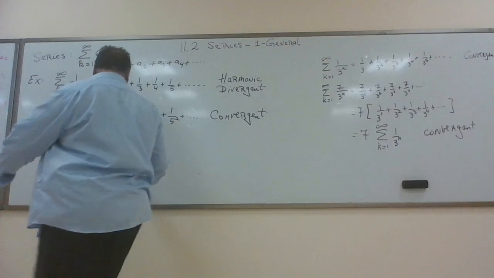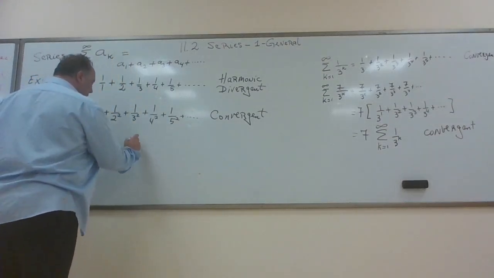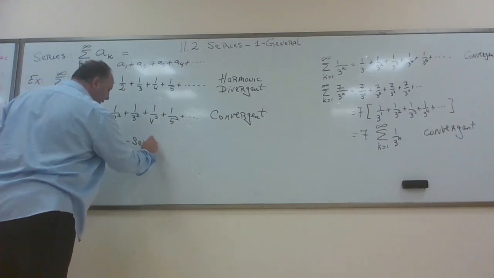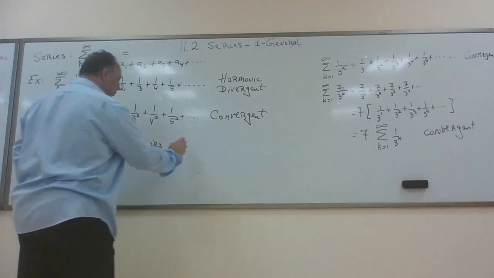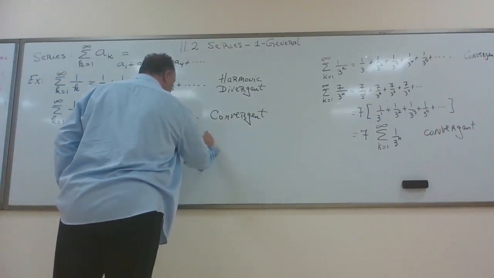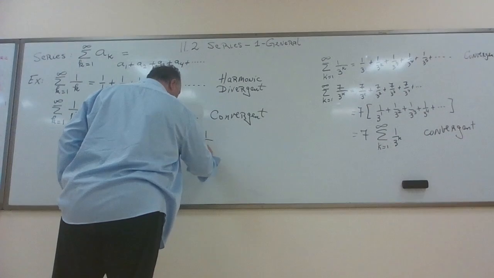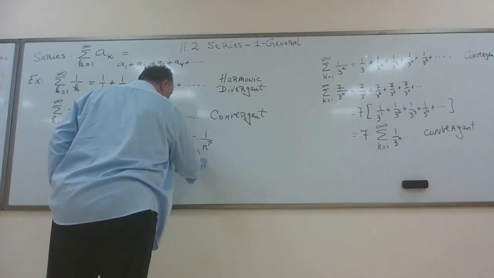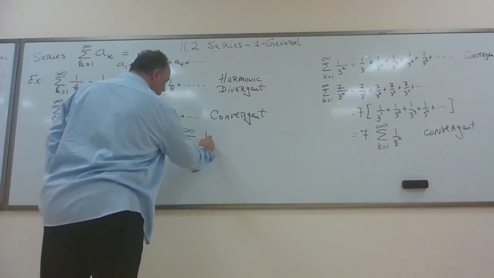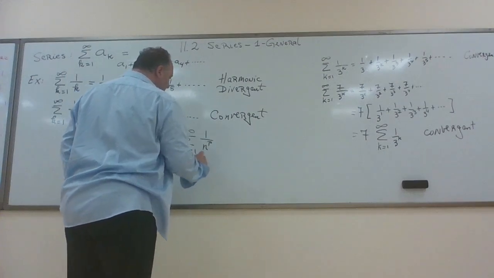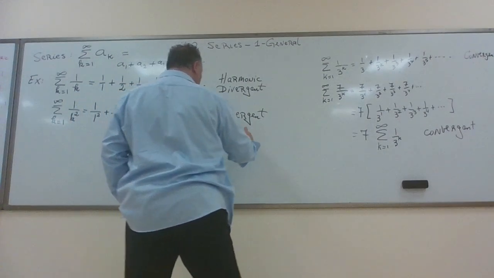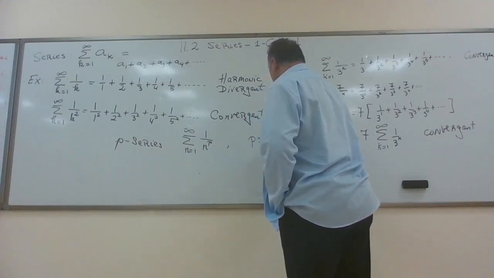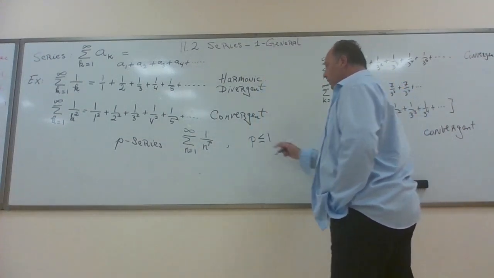Maybe one of the useful results, we have something called P series, similar to P integrals. Essentially we have 1 over n to power p, and when p is smaller or equal to 1, then the series is divergent.